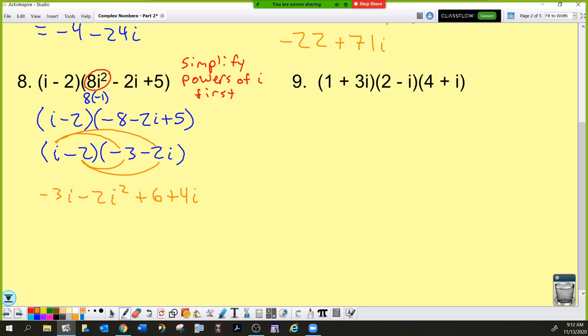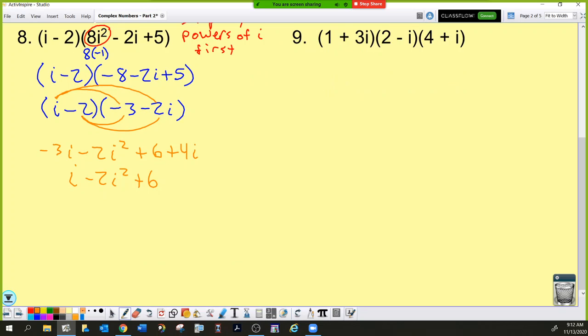So your like terms are the negative 3i and the positive 4i. Well, we worked on that yesterday, right? Negative 3 plus 4 is 1. So I have 1i. I have this minus 2i squared plus 6. But I think we've seen it enough times today. i squared is negative 1.